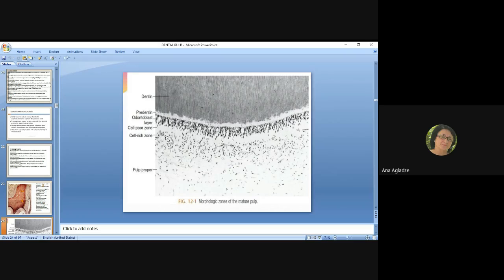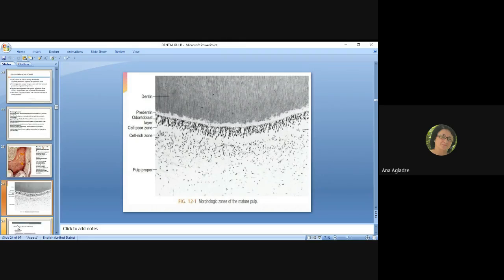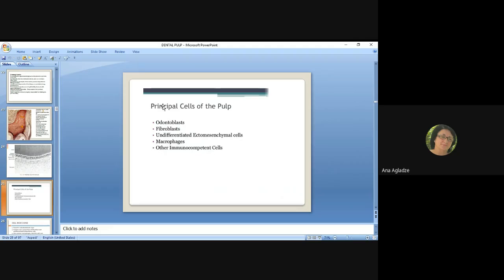Now about odontoblasts, here we can see these are the principal cells of the pulp. You know that the pulp contains extracellular matrix. It contains fibrils and fiber bundles such as collagen, versican, elastin fibers, reticular fibers, and also it contains cells which are odontoblasts, fibroblasts, undifferentiated ectomesenchymal cells, macrophages, these are immune cells, and other immunocompetent cells.